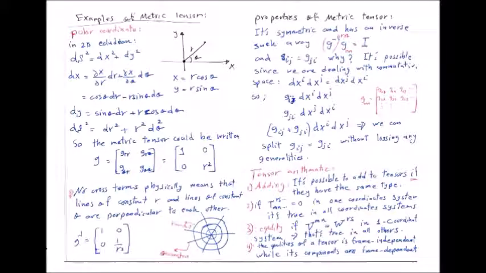So the qualities of a tensor are the same in all coordinate systems, regardless of the fact that its components are different from one coordinate system to another. But if they satisfy a certain relationship in one coordinate system, it will be true in other coordinate systems.